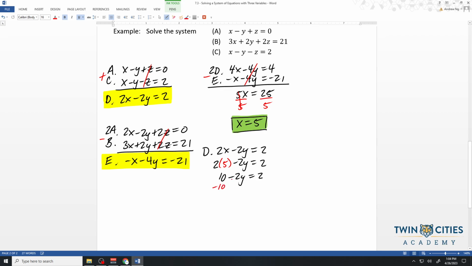Subtract 10 from both sides. Negative 2y is equal to 2 minus 10, which is negative 8. And lastly, divide by negative 2 here. So this is y equals positive 4.